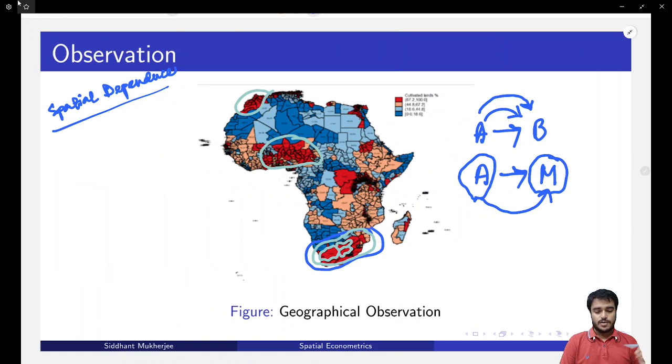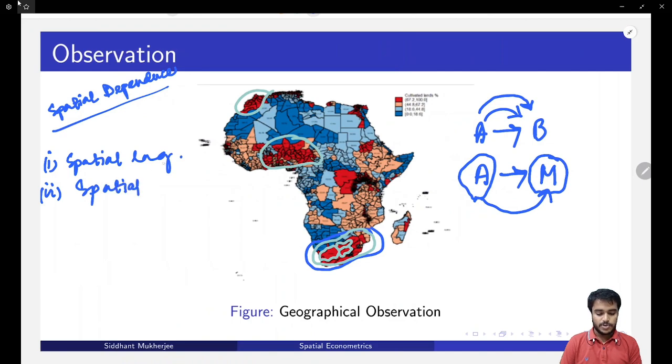Now, first of all, what is important for identifying spatial relationships is, number one, spatial lag, and number two, spatial autoregression.